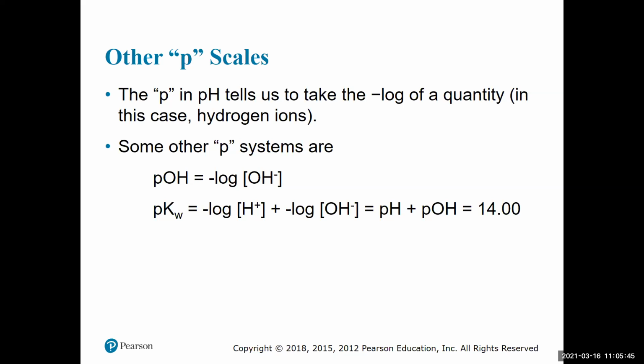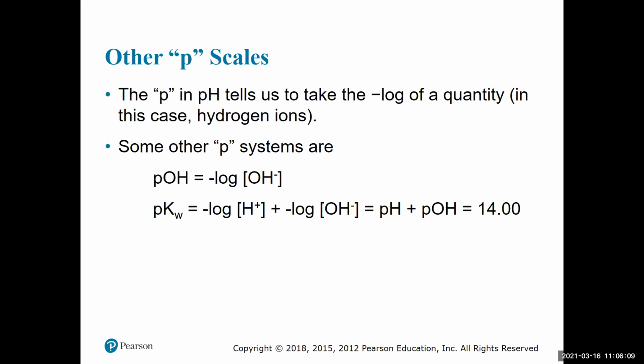The pK for water is actually used quite a bit, because what this means is pH plus pOH equals pK for water. And remember, the equilibrium constant for water was 10 to the minus 14th, so minus the log of that would be 14.